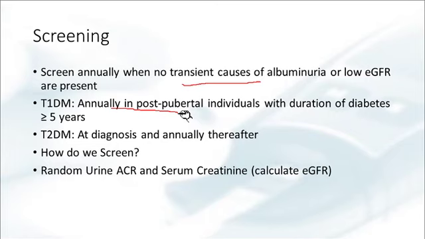For patients, of course, with type 2 diabetes, you screen at the time of diagnosis, and of course you screen annually thereafter. And how do we screen? We use random urine albumin to creatinine ratio, serum creatinine to calculate EGFR, and urine albumin excretion.